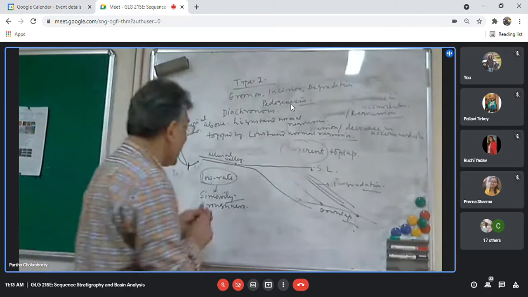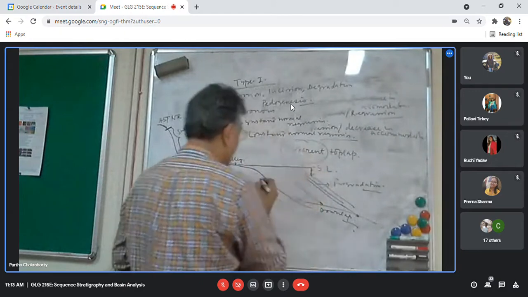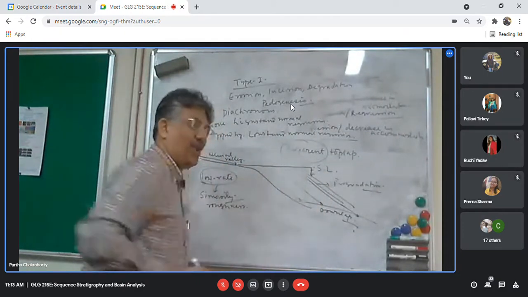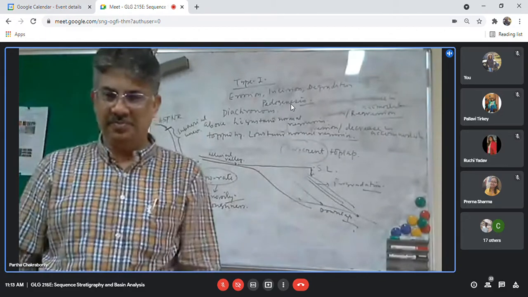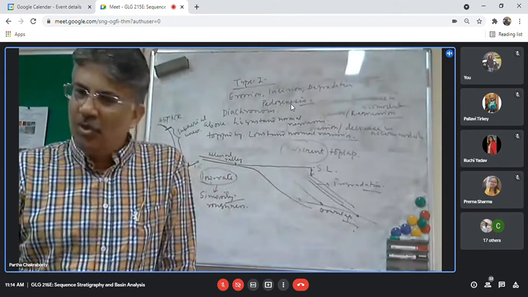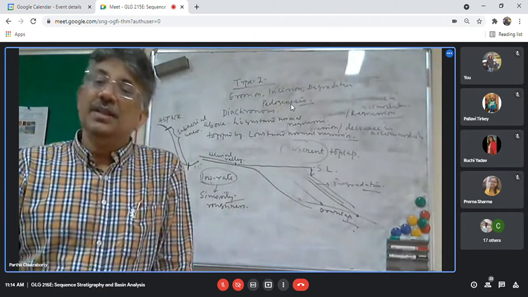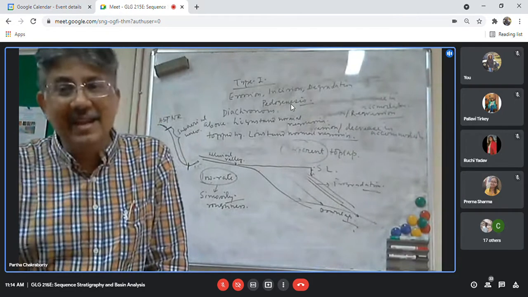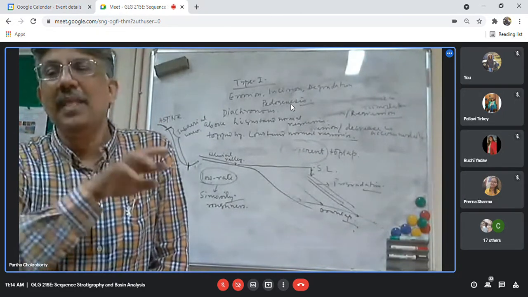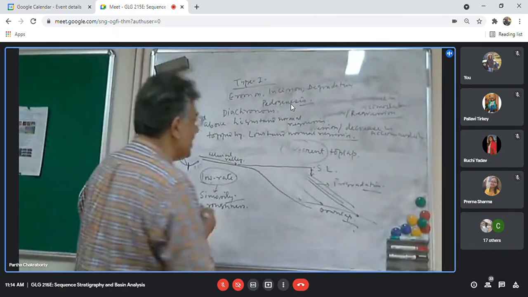But when the sea level fall becomes fast and there is a significant fall, this adjustment of the river system will not do. So then what will the river try to do? The river will try to incise, and it will incise to a new equilibrium.